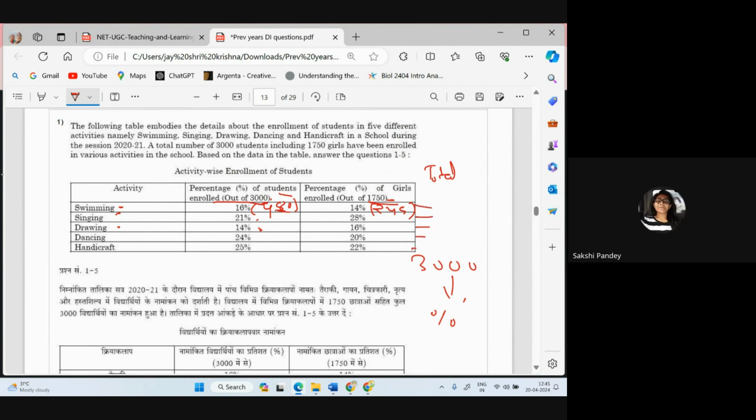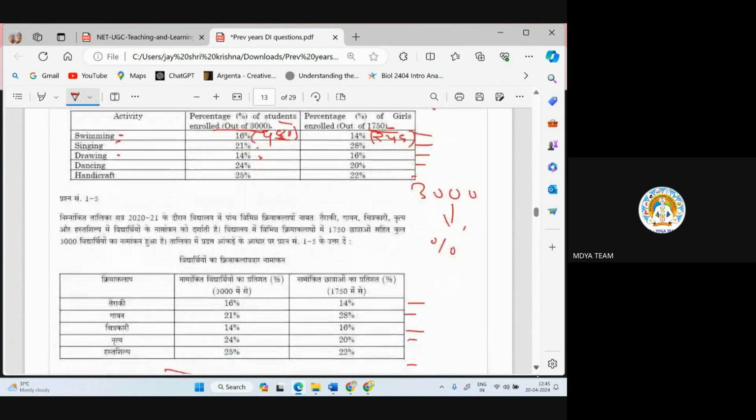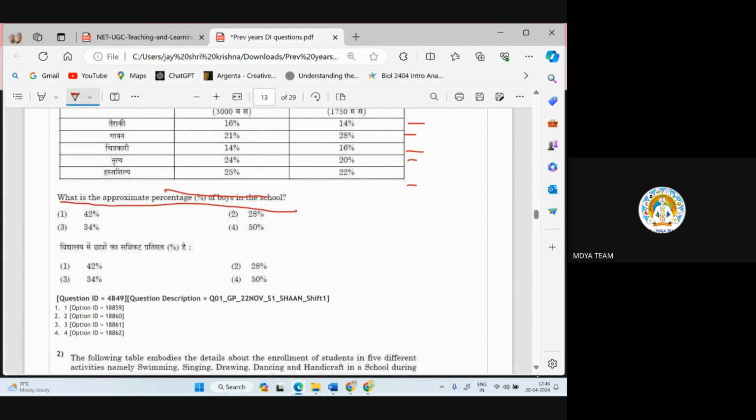Understood? Sir, the number of girls is there, right? So we can simply subtract it from 3000. Would that be wrong? No, it will be very true. You can do 3000 minus 1750, and you will get the number of boys. Number of girls is 1750 out of 3000.